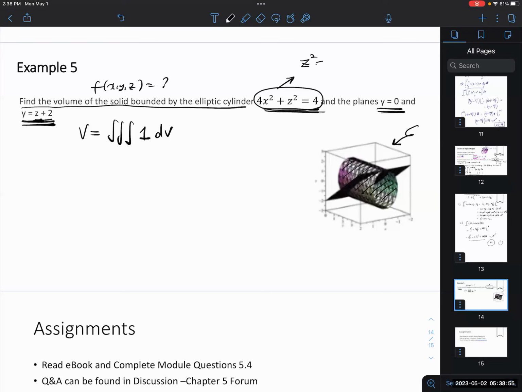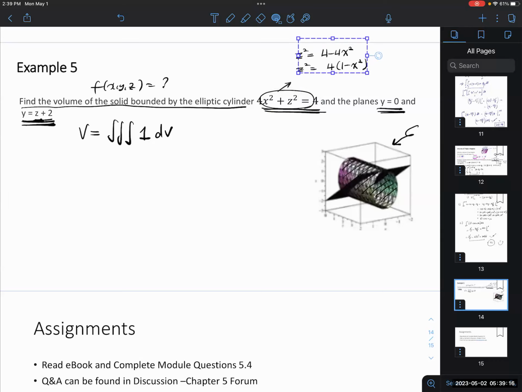z squared, I'm going to solve for z, equals 4 minus 4x squared. That means I can find the common factor: 4 times (1 minus x squared). Are we okay? To solve for z, I'm just going to move it here.